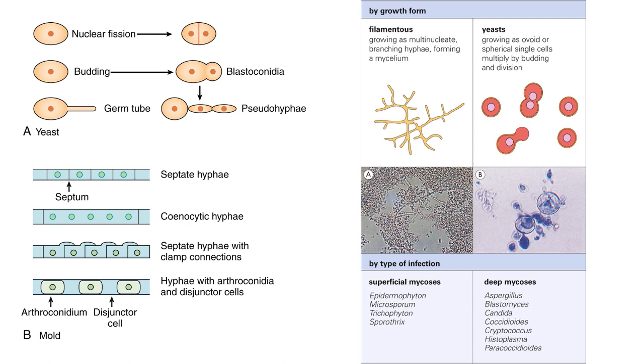So let me highlight histoplasma. Histoplasmosis is the disease, and it is caused by Histoplasma capsulatum. Histoplasma capsulatum is a pathogen that is usually seen in the dung of bats. So most patients that we see with Histoplasma capsulatum infection would be those patients who have a history of spelunking or going and swimming in the caves where there are bats.